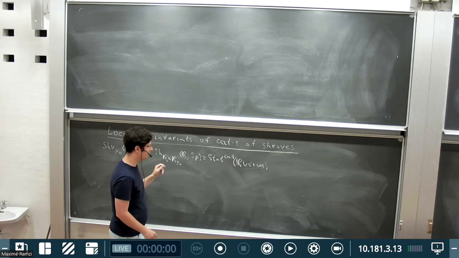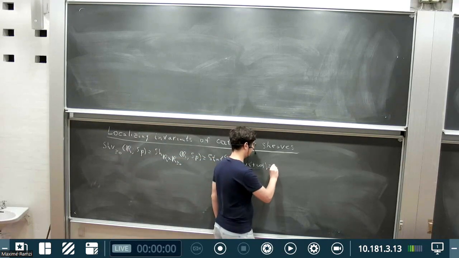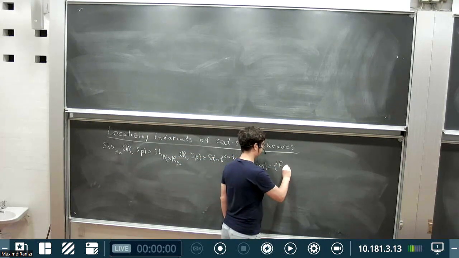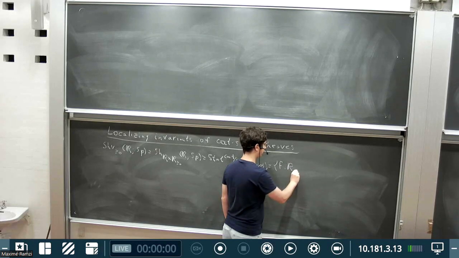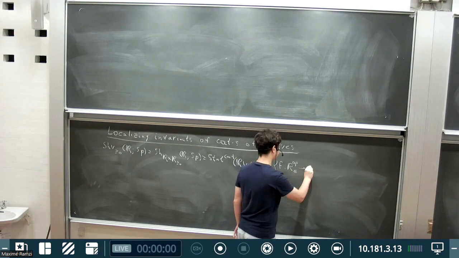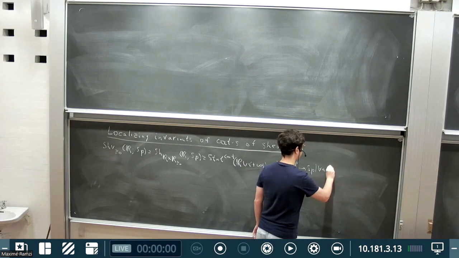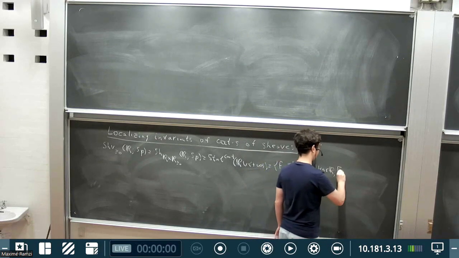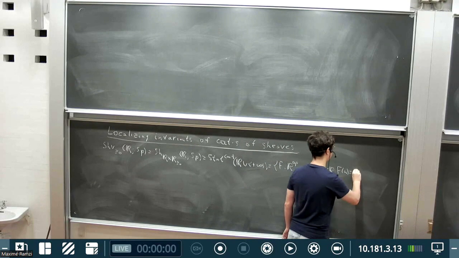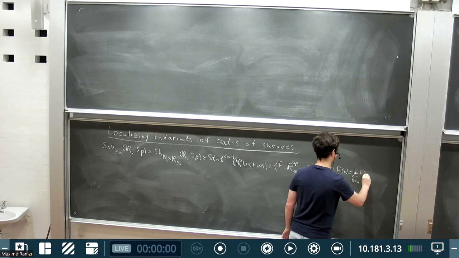This was the same thing, and this was just the same as contravariant functors from real numbers to spectra, such that for any real number A, the value of this functor is the limit over E smaller than A of f of T.